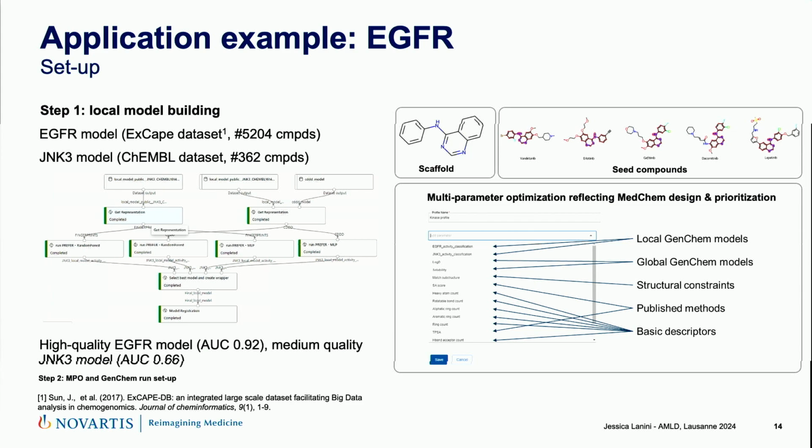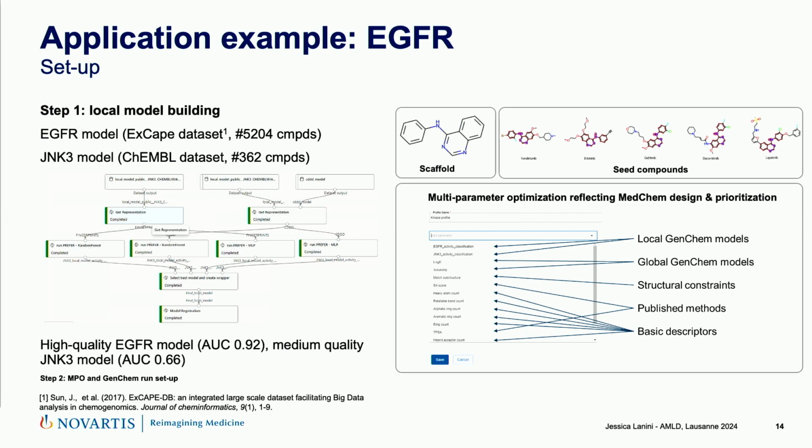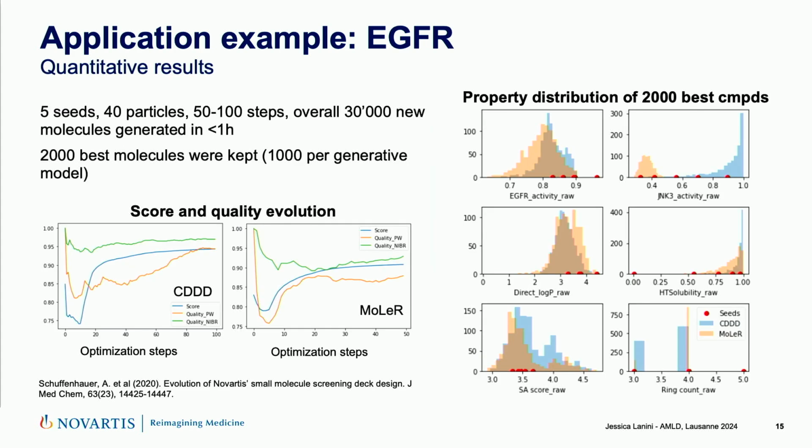And then we had the possibility to set up our MPO, the multi-parameter optimization. You should really evaluate which are your models of interest, what you would like to optimize, and which substructure constraint you would like to keep, and so on and so forth. So we run the optimization, and we obtain 30K novel generated compounds.